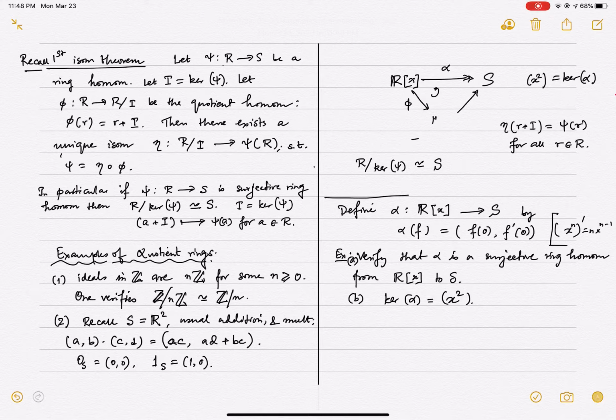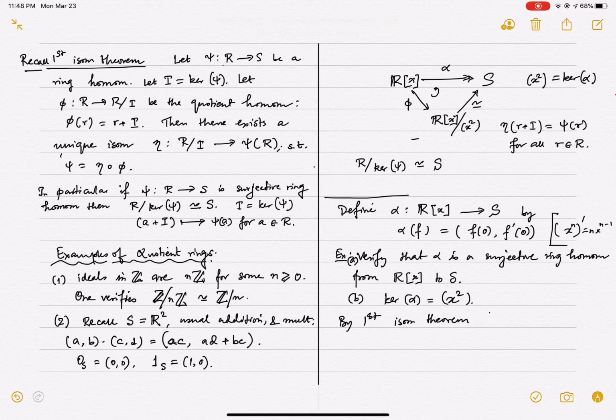So here you have R[x] mod the kernel, so these will be isomorphic. So by first isomorphism theorem, this S, this curious thing, is really just isomorphic to R[x] mod x squared. So this (a,b) corresponds to a plus bx.